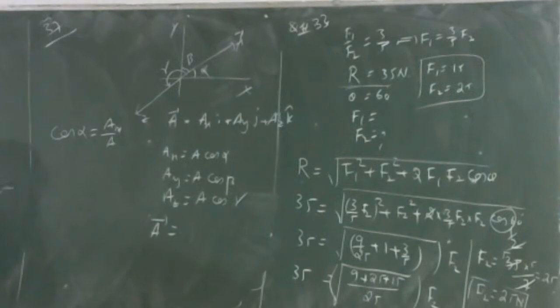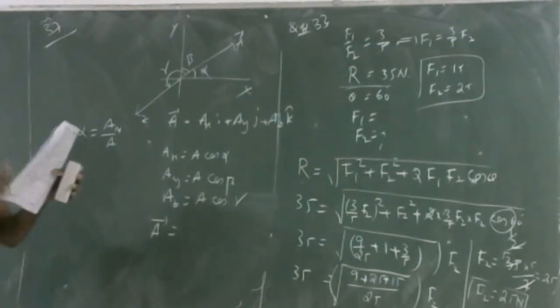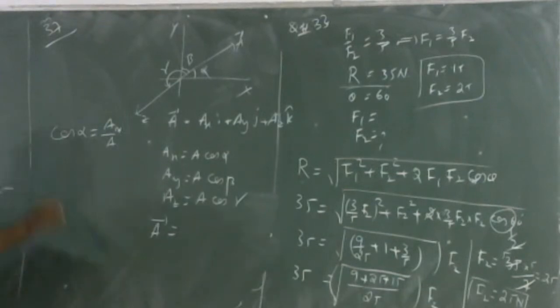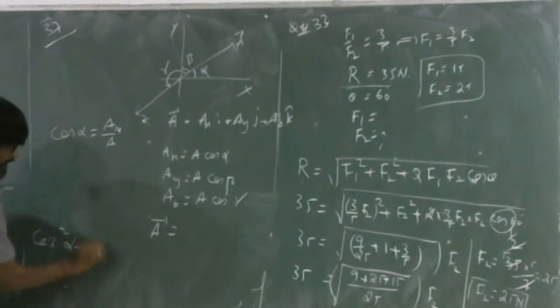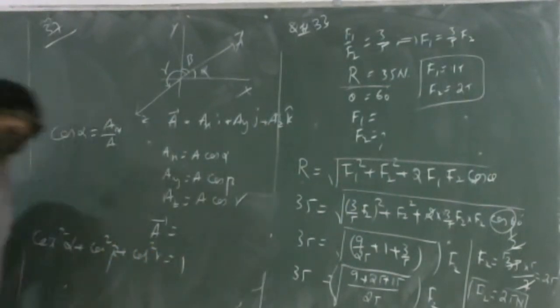There is one other way you can do it. Observe the ratio of cos alpha, cos beta, cos gamma. Then we can understand that we have one relation: cos squared alpha plus cos squared beta plus cos squared gamma is equal to 1.